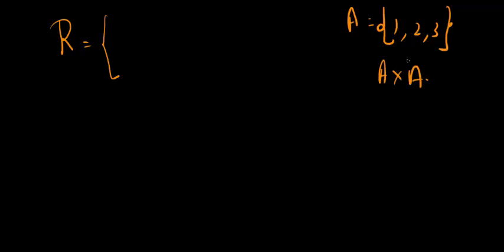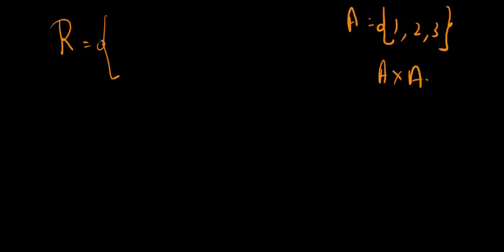I'm going to now define a relationship R on the same set, which is A equal to 1, 2, 3. I hope you understand that A cross A is going to be (1,1), (1,2), (1,3), (2,1), (2,2), (2,3), and so on and so forth.